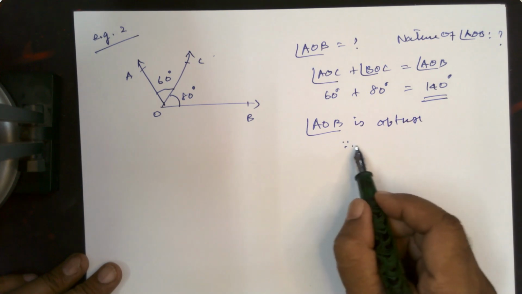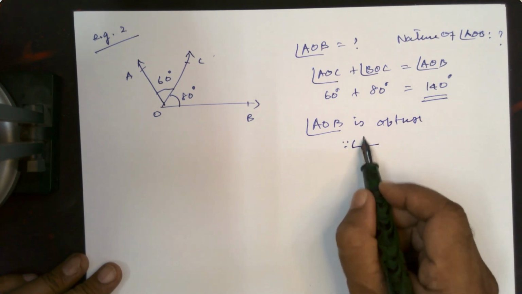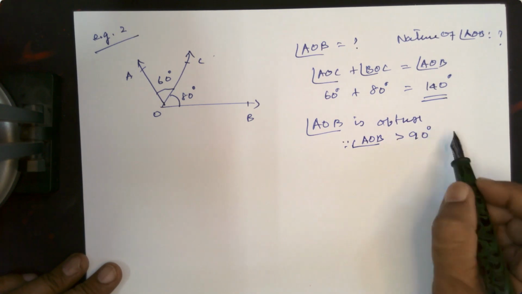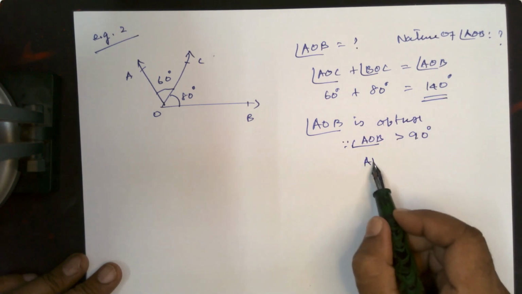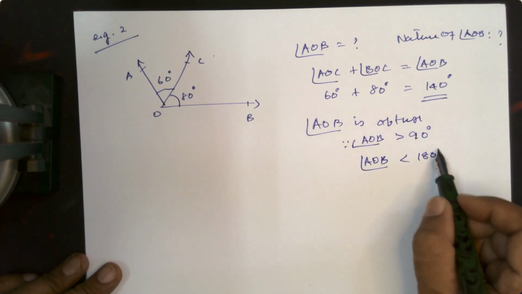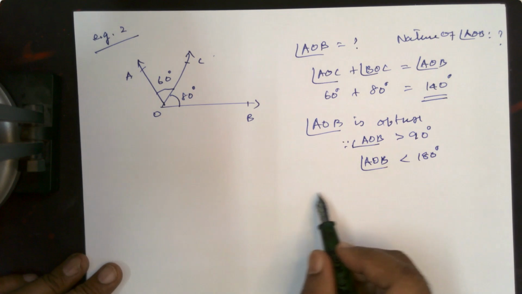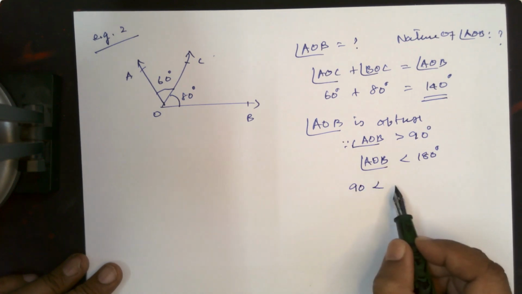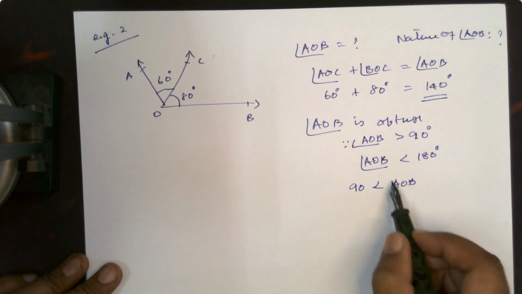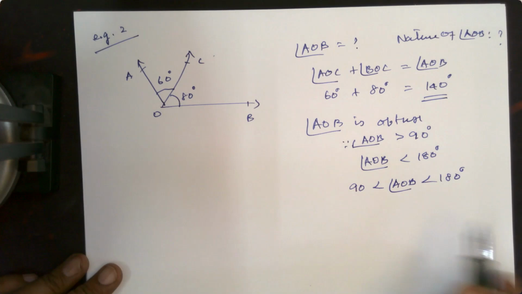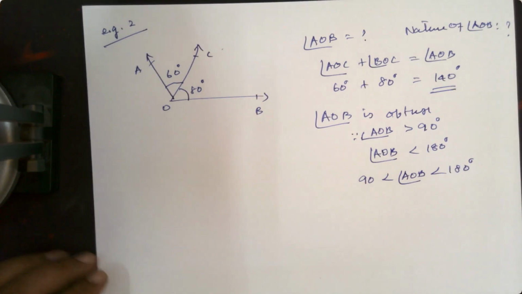Because angle AOB is greater than 90 degrees but less than 180 degrees. How to represent such types of angles? You can mention this as 90 is less than angle AOB, that is less than 180 degrees. This is the way you can represent it.